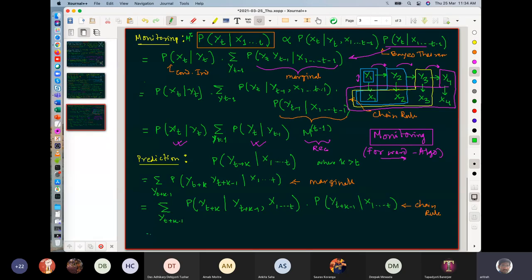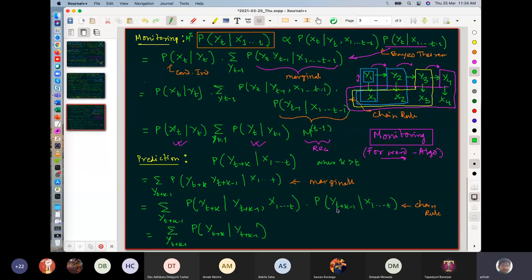Now I hope you can understand where we are moving. This is conditionally independent of everything else except y_{t+k-1}, so it is the sum over y_{t+k-1} of the probability of y_{t+k} given y_{t+k-1}. As you can see, I have already got a recursion with respect to the k values.